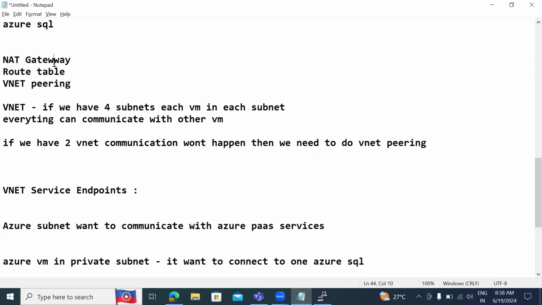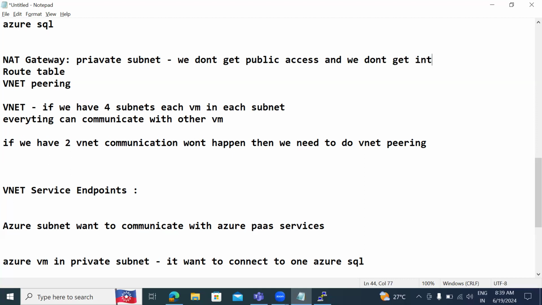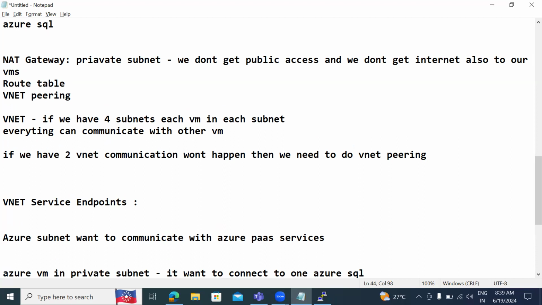Then we have the private subnet. With the private subnet, we don't get public access and we don't get internet to our VMs. If you make it public, then we will get public access and we will get the internet also.